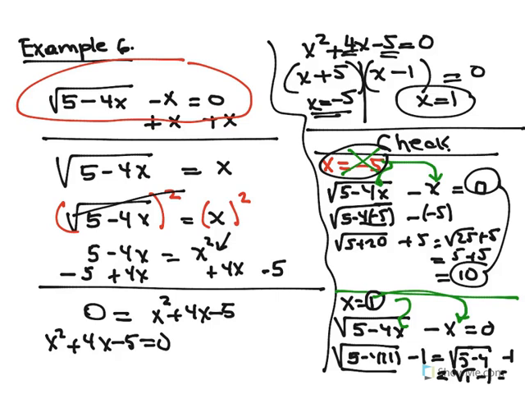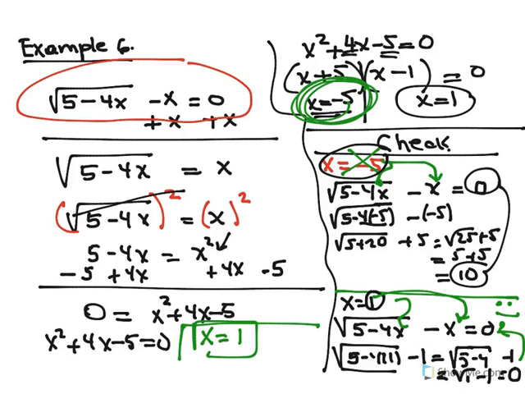The square root of 1 is 1, minus 1 is 0, and this is exactly the number I have to get, so the equation is satisfied. So the answer to this equation is x equals 1. Remember, we threw out the solution x equals -5 because the solution was extraneous.